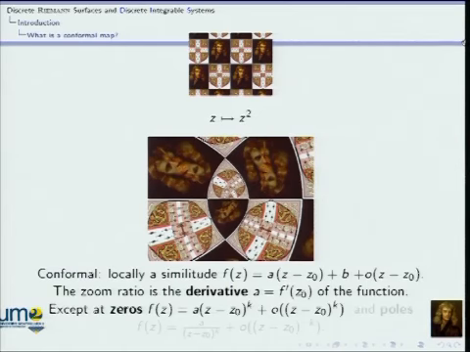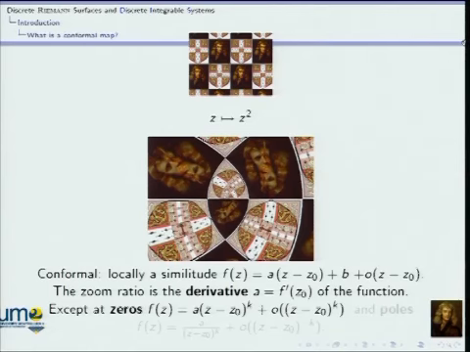Such functions are called conformal because they preserve angles. Any holomorphic function is conformal except at zeros, where the zoom ratio is null, so it's not conformal at that point.